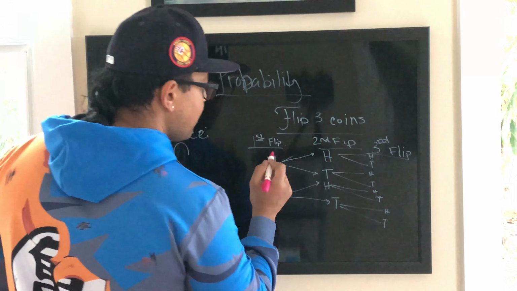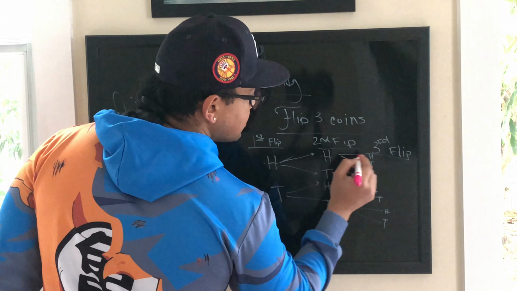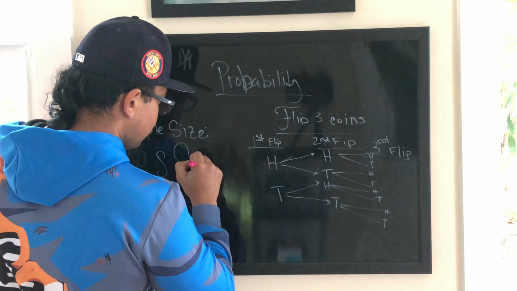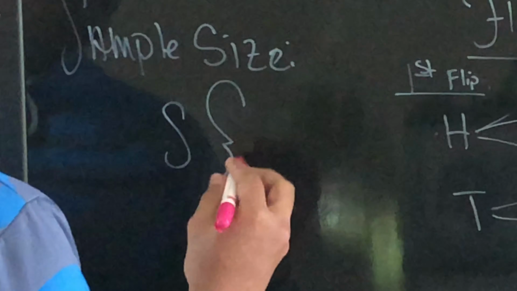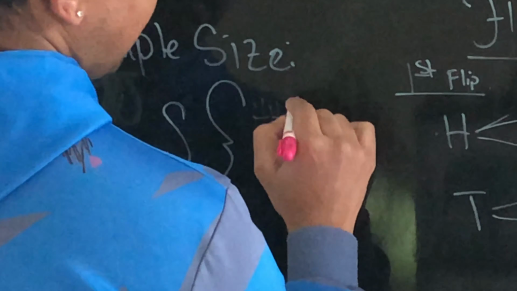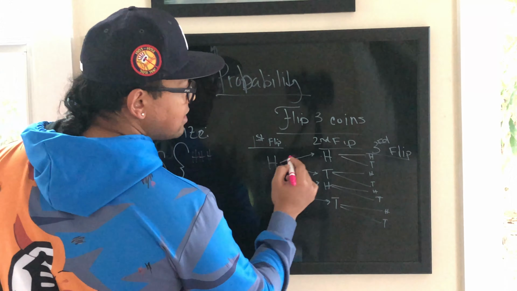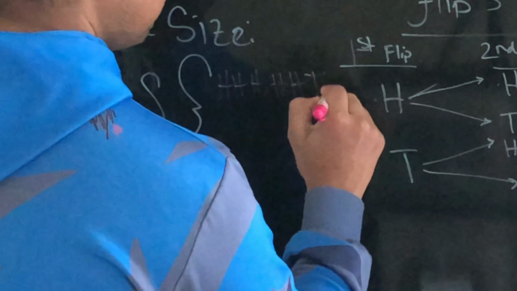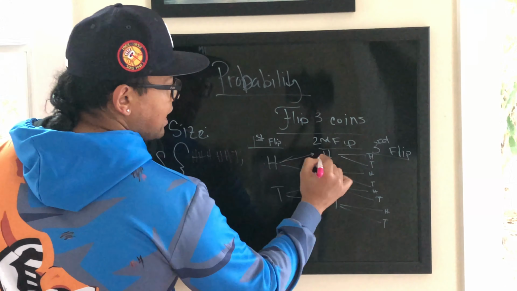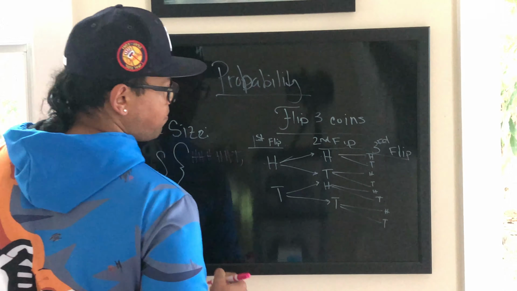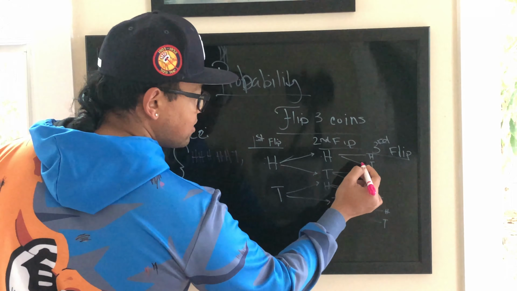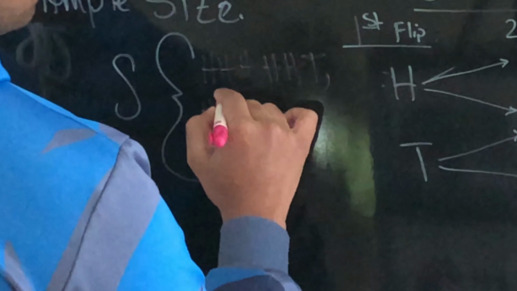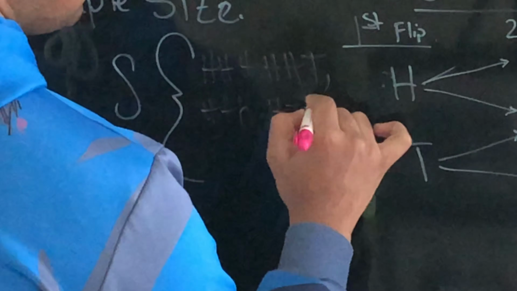You can get heads, heads, heads, or heads, heads, tails. Or you can get heads, tails, heads, or heads, tails, tails.